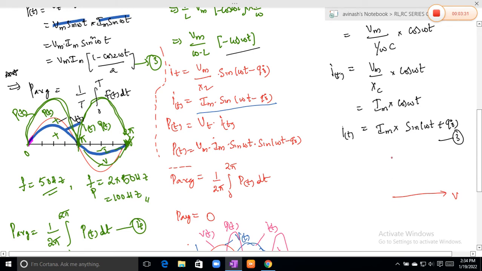If you take the phase relation between voltage and current, current will be 90 degrees leading the voltage phasor because of this 90 degrees. This is the phasor diagram for pure capacitor.